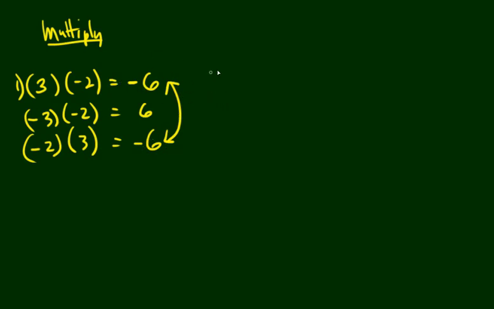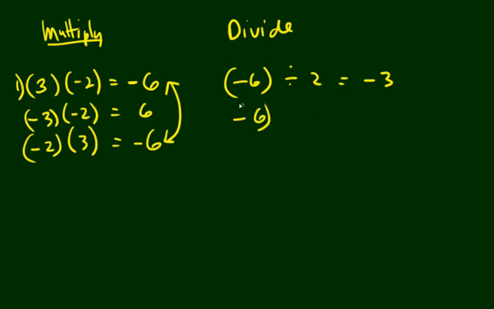Ganun din po sa division. So, sa divide naman po, let's say we have negative 6 divided by 2. The answer is negative 3. Let's say we have negative 6 divided by negative 2. The answer is positive 3.